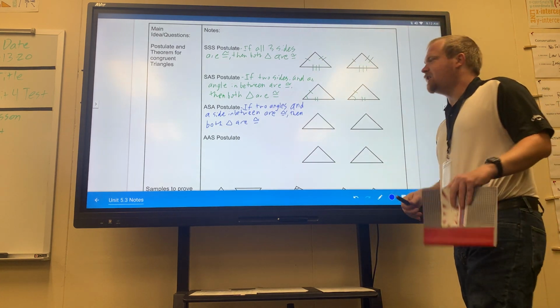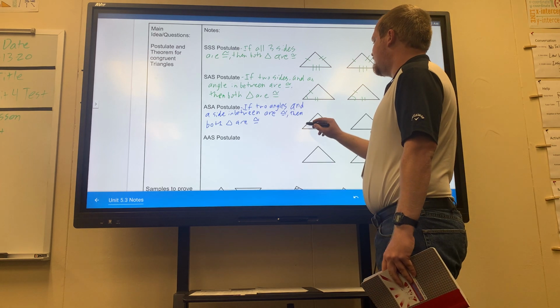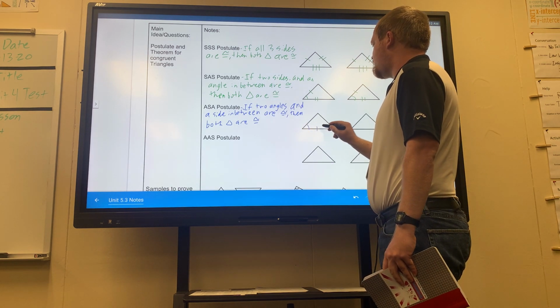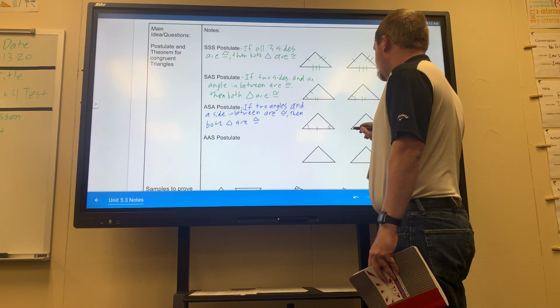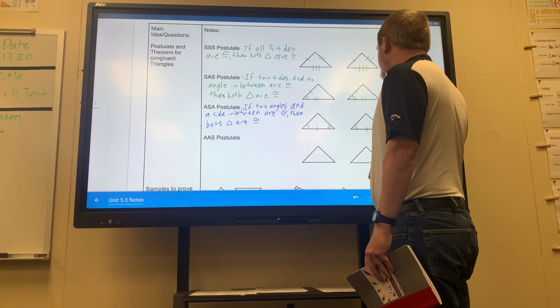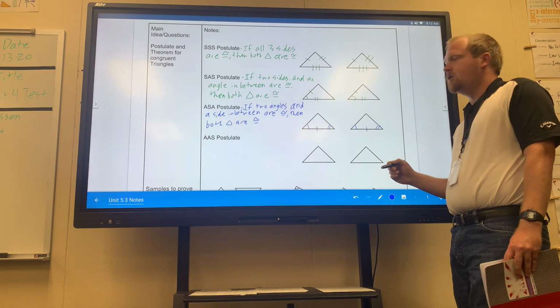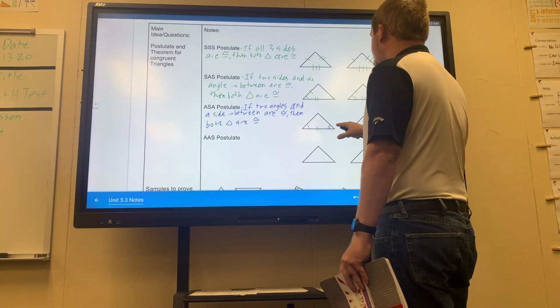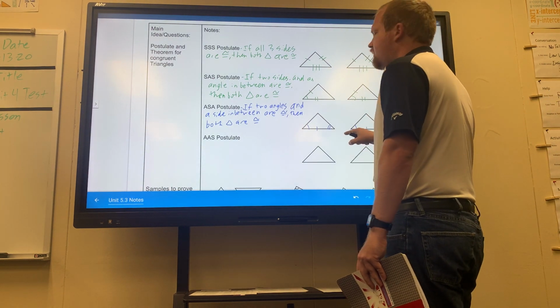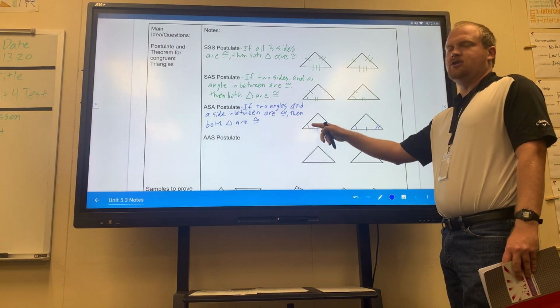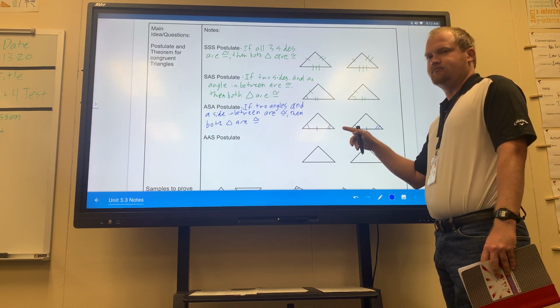So what does that mean exactly? Well, again, if I have angle, side, angle for both triangles, they're both going to be congruent. Now again, it doesn't matter if it was here, or here, or here, just as long as it goes angle, side, angle.